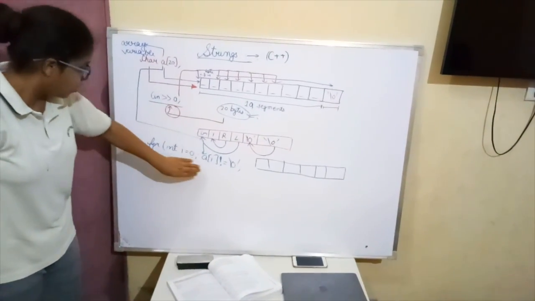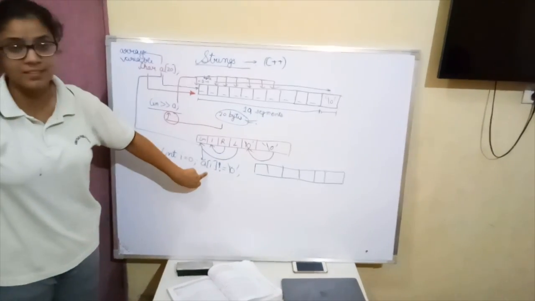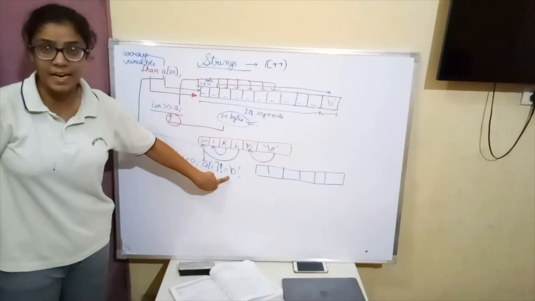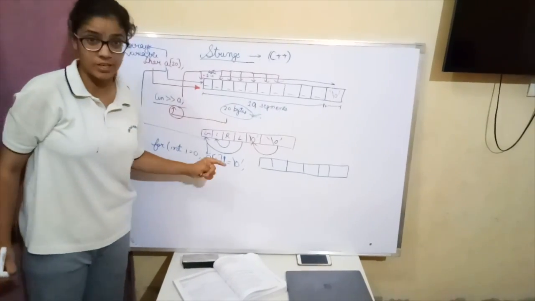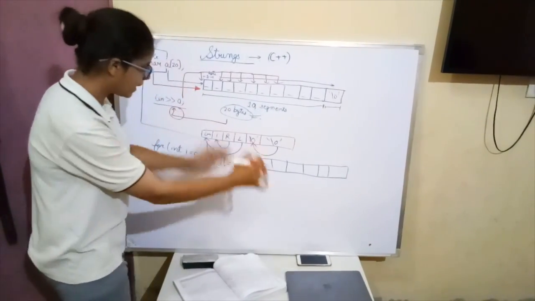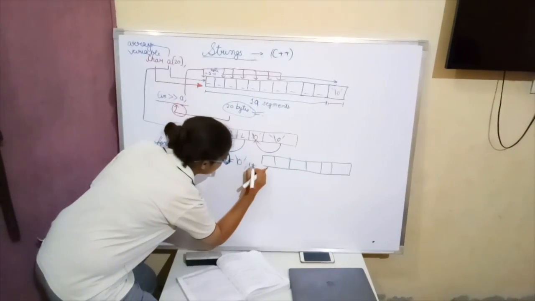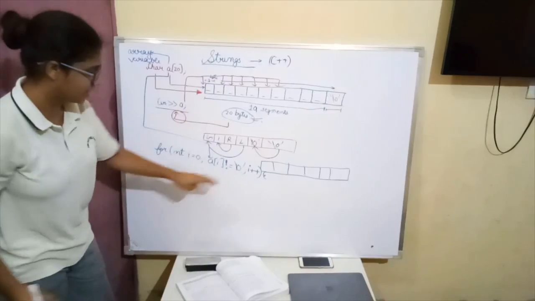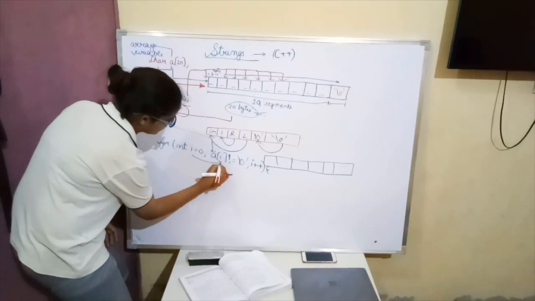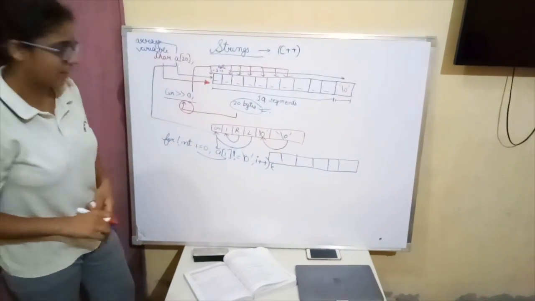Unless the value at this index is equal to the null character, the loop will go on repeating until this condition is reached, and each time the value of i will be incremented. So the value of i defines the index number of our character.